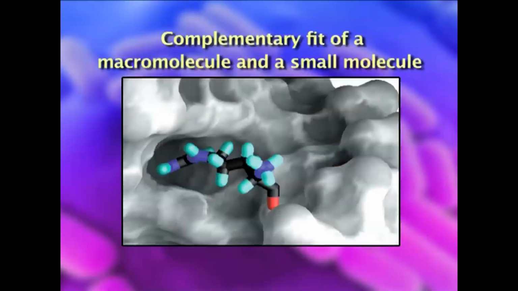Like here you can see, this is an image of a macromolecule which is enjoying a complementary fit with a small molecule. Here the gray region represents the macromolecule, which is a segment of the TAR regulatory RNA region encoded by the HIV genome, and this colored molecule represents arginine, which is an analog of a residue of the protein that binds in this region.